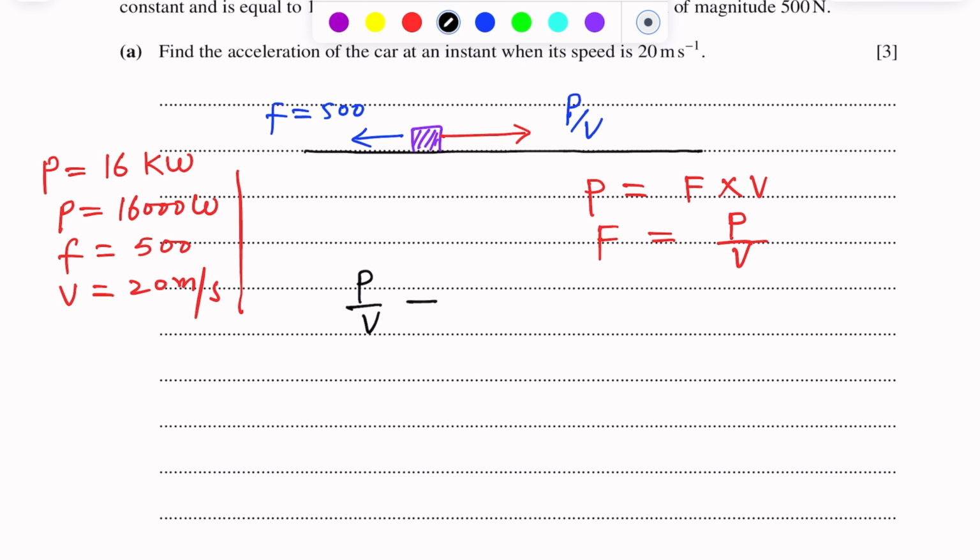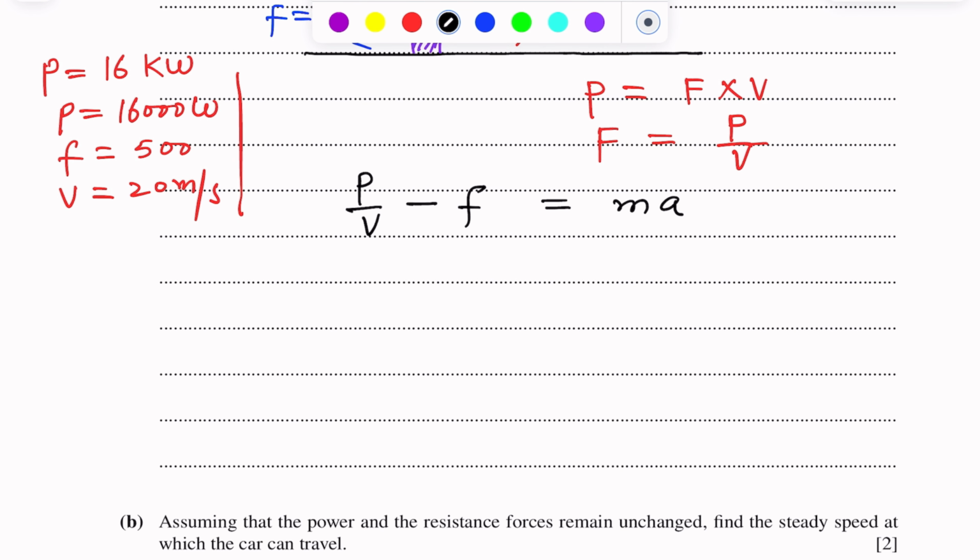So net force will be P over V minus small f, where small f shows the force of friction or resistive force, is equal to ma. This is Newton's second law. Putting the values of F, V, and P and mass, we get the acceleration.